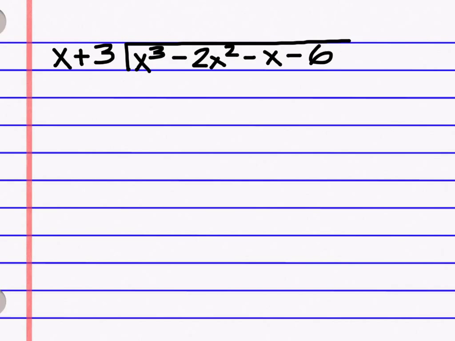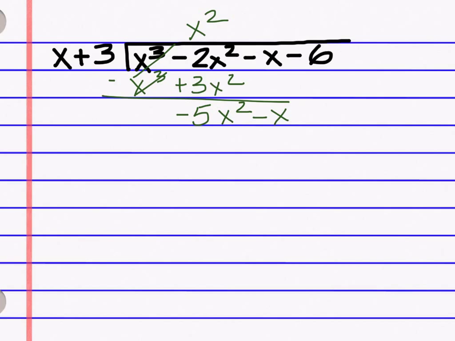You should have x squared here to get x to the third plus 3x squared. And when you subtract, these are gone, and negative 2 minus 3 is negative 5. X squared, drop the minus x, and you're going to need a minus 5x here to get minus 5x squared plus 15x. Subtract, these are gone. Negative x minus 15x is negative 16.